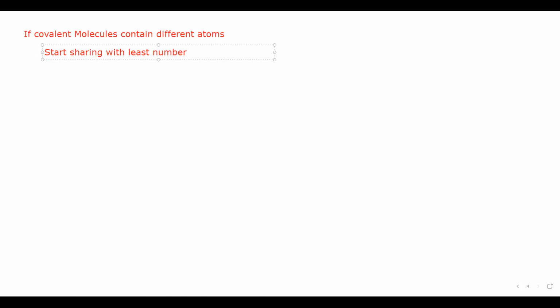What does it mean, we start sharing with the least number? I'll give an example. Draw the atom which shares the most electrons in the center, and start sharing with the least number.